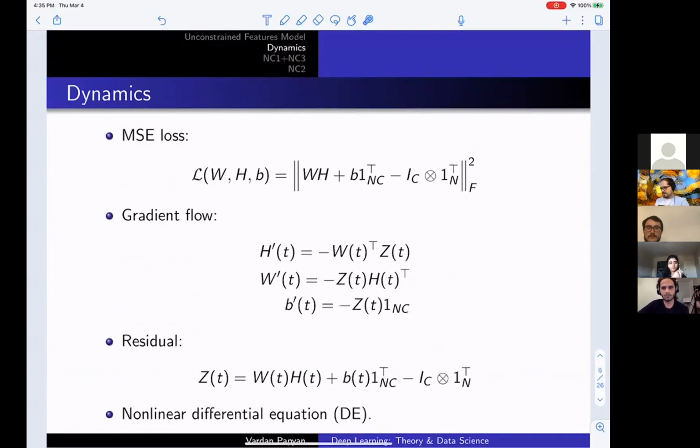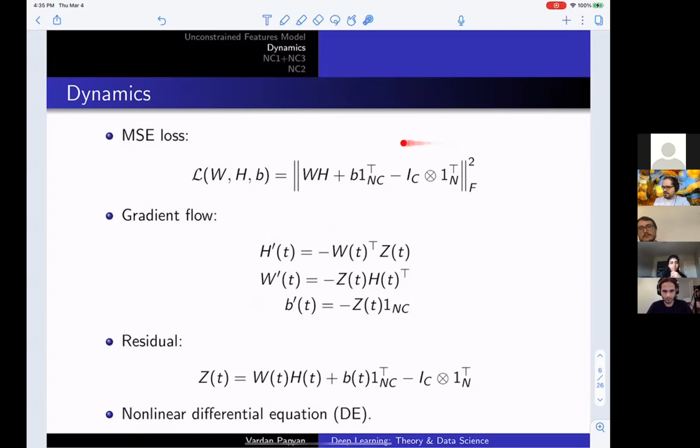Okay, so here's again the MSE loss written in this fancier manner. And one could consider doing gradient flow on this MSE loss. Gradient flow is just gradient descent as you take the limit of step size to 0. Now, here you can see the equations of gradient flow. So how do we obtain these equations?